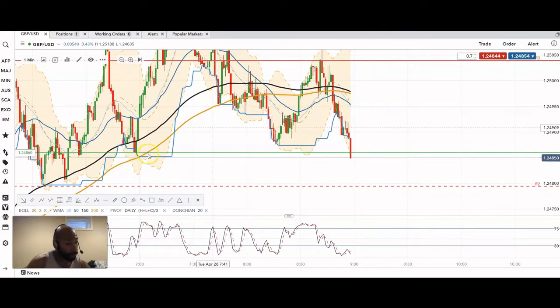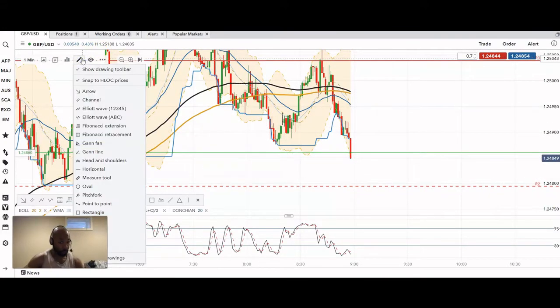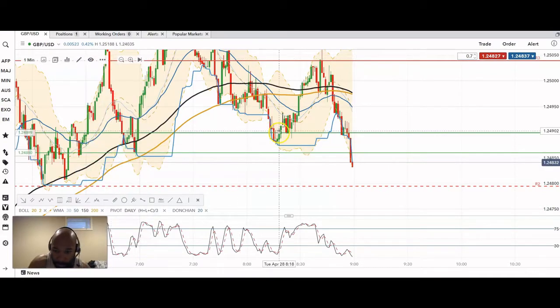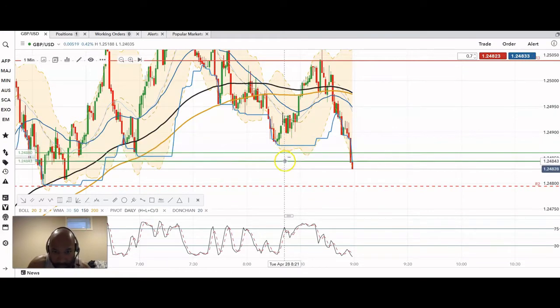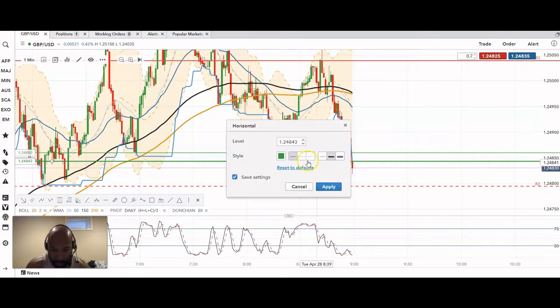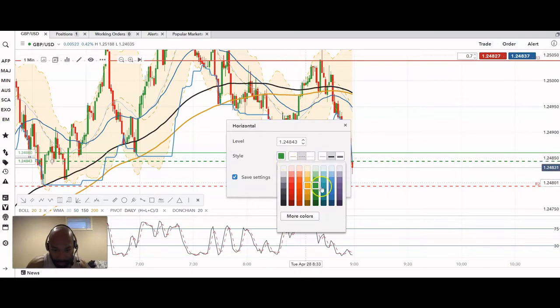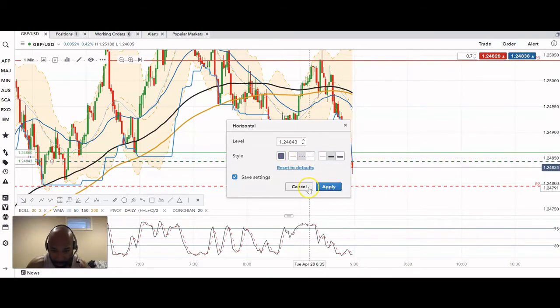Now, how about if it reverses? What are you gonna do? If it reverses, I don't want it to reverse, but let's continue to go down.